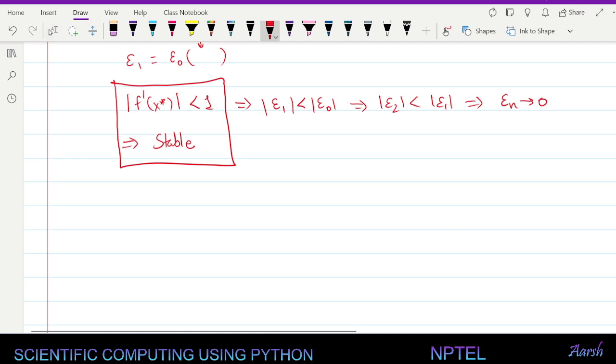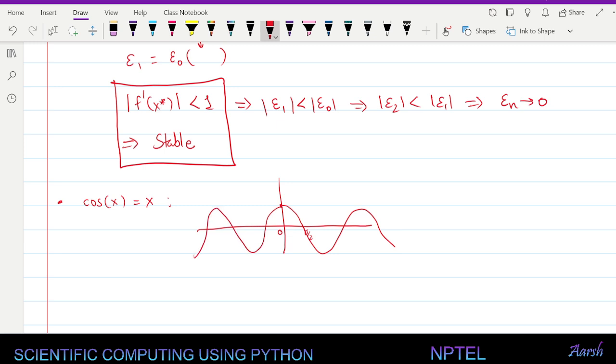So we can find solutions like cosine of x is equal to x, right? If you look at the plot of this, cosine x would look something like this. Starts from 1, then at pi by 2 it reaches 0, then does this in both directions.